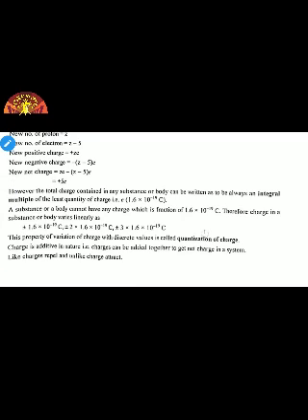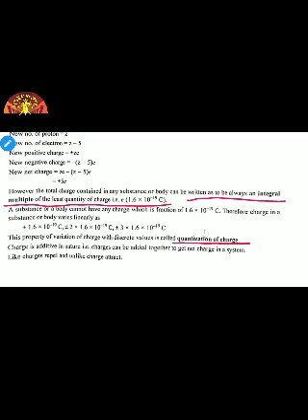It is called quantization of charge. As you can see over here, quantization of charge. What do you mean by that? That the total charge on a body can be written as an integral multiple of the least quantity of charge, that is 1.6 into 10 to the power minus 19 coulombs, which is the charge on an electron. It is also shown as e.